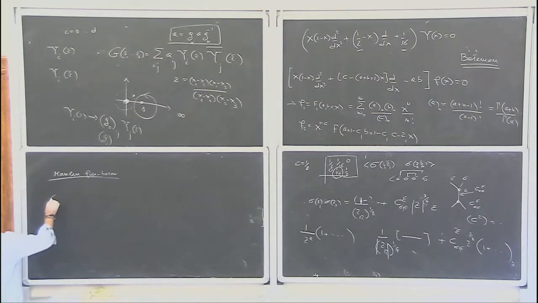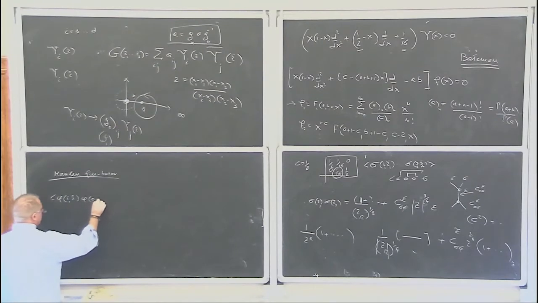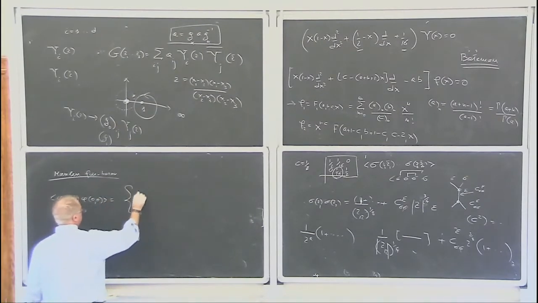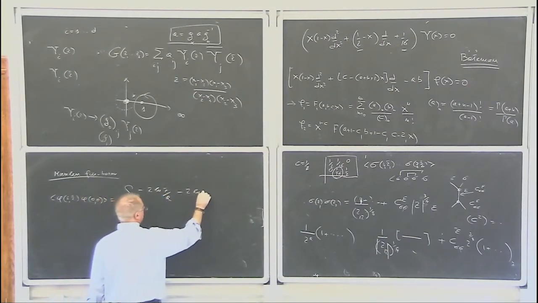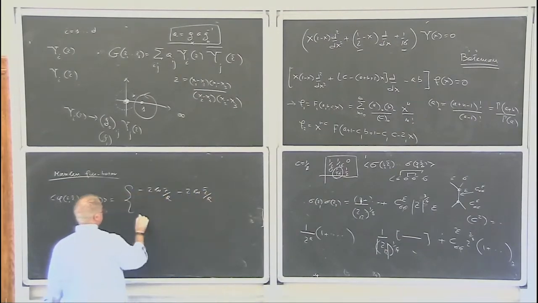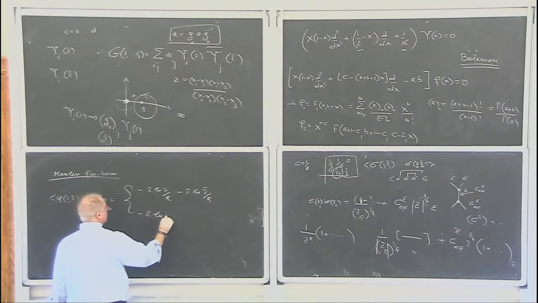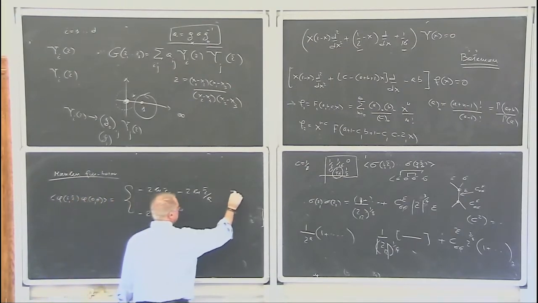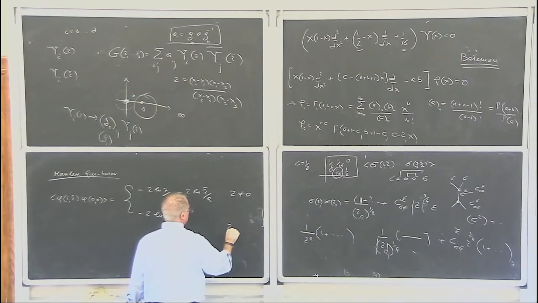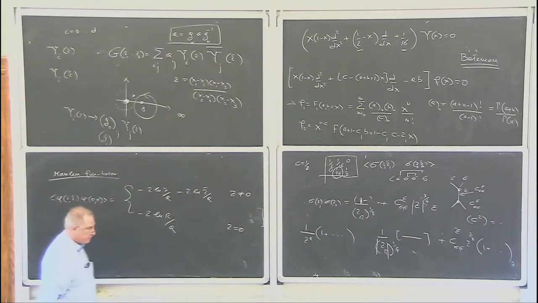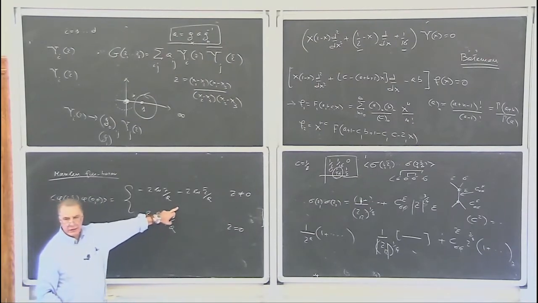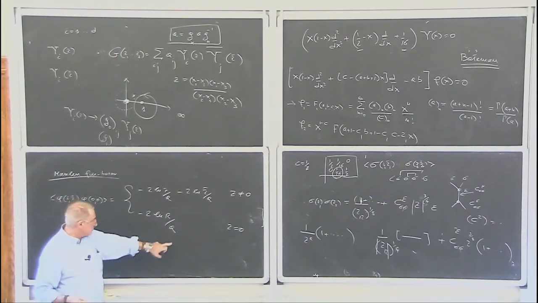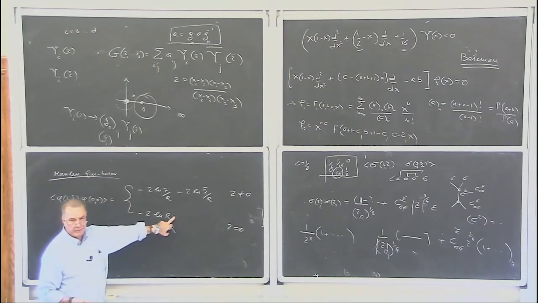So the correlation function of the field in z and z bar, I'm going to take minus 2 log z divided by a, minus 2 log z bar divided by a, and minus 2 log of R over a at the origin. This, as you will see, is immediately a regularization of this theory, which is simultaneously ultraviolet and infrared.